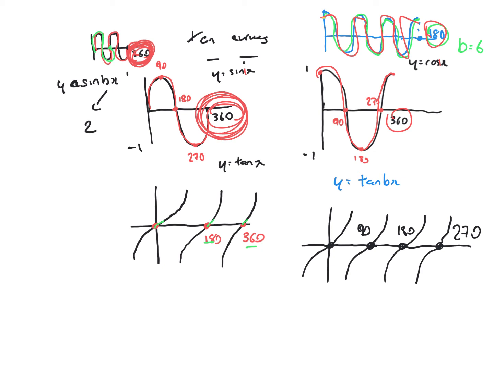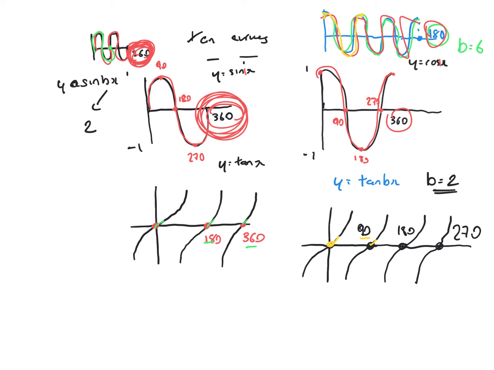And the same for cosine. Well, if we start here, when does it start doing that again? It starts doing it at 90. So that's one curve in 90, so that's two curves in 180, b is equal to 2. So it's not how many curves in 360 now, it's how many curves in 180.